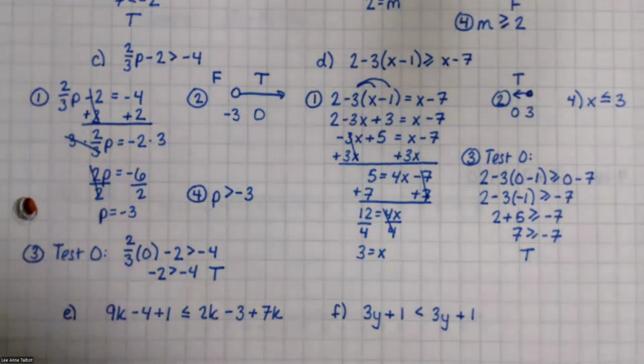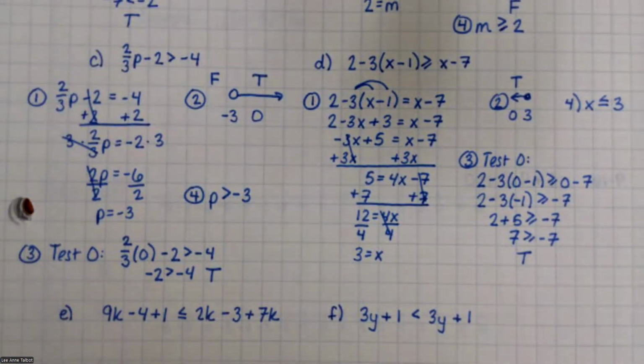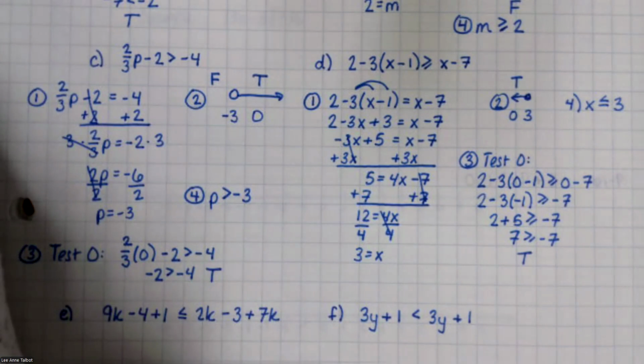Hold on, let me, okay. True is at 0 though. But it's greater than 5, so that's not where you look. So you plugged in 0, which means it's true at 0.